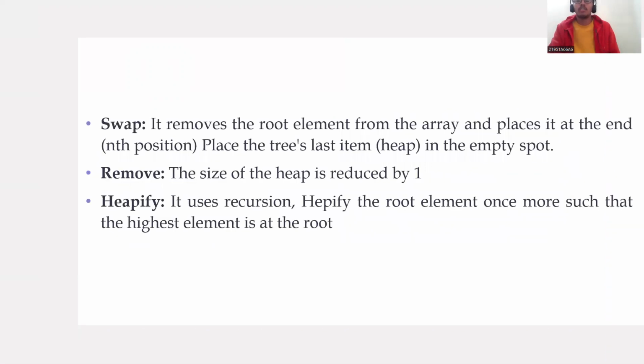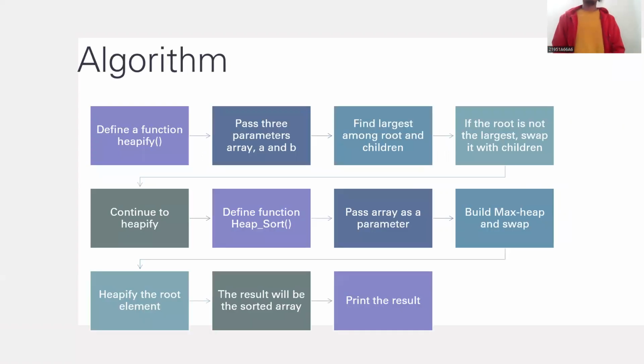Swap: it removes the root element from the array and places it at the nth position. Remove: place the tree's last item in the empty spot, and the size of the heap is reduced by 1. Heapify: it uses recursion to heapify the root element once more such that the highest element is at the root.